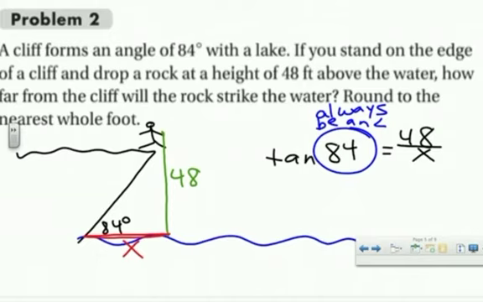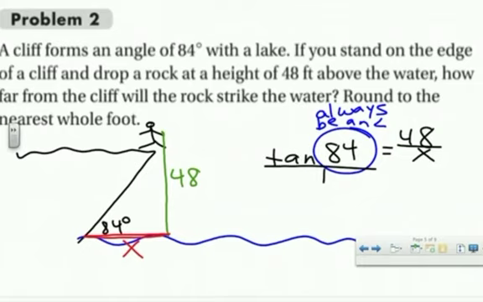Okay, but I'm going to tell you right now, x being in the denominator is kind of an unpleasant place for x to be. I don't like x being in the denominator. It makes it hard for me to do calculations to figure out what x is. So, something that we learned last chapter is, if I put that tangent of 84 over 1, do you see that I now have a proportion?